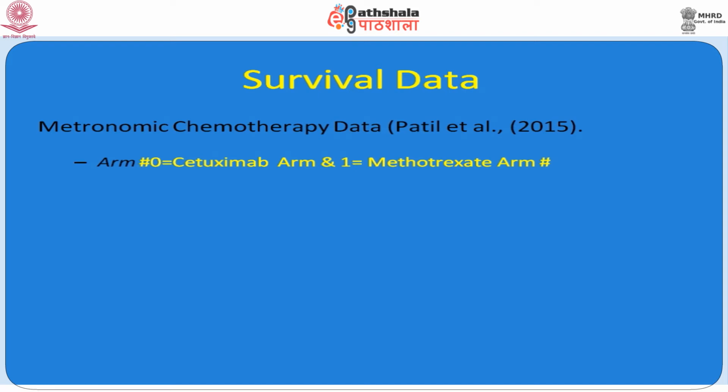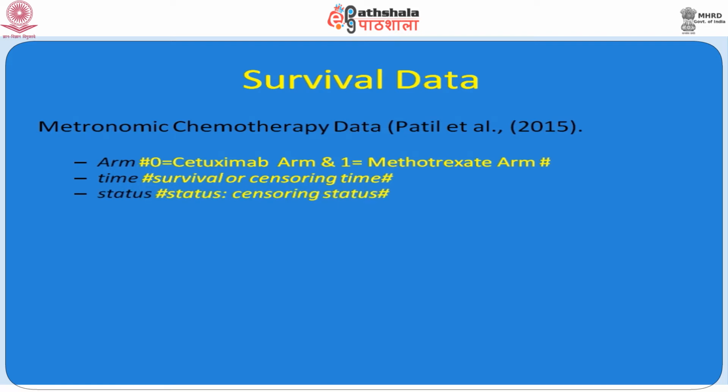These patients were head and neck cancer patients, and the durations of their survival are considered here for survival analysis. Here, times are survival times or censored times. The third variable is status, which denotes whether the patients were censored or not.